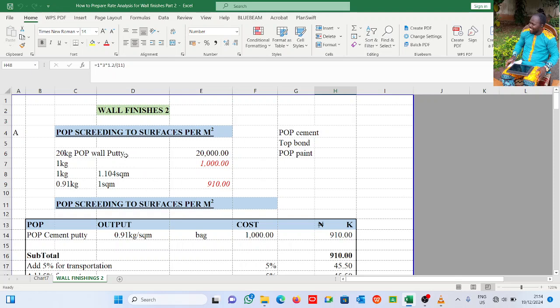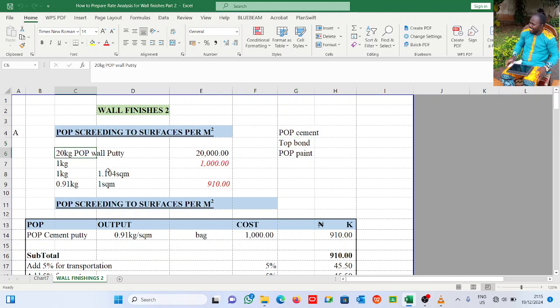Now a plastered wall basically requires POP Wall Screed to give it a smooth surface for a beautiful painting outcome. A POP Wall Screed is a combination of POP cement, POP paint, and the POP bond all put together gives us a POP wall putty.